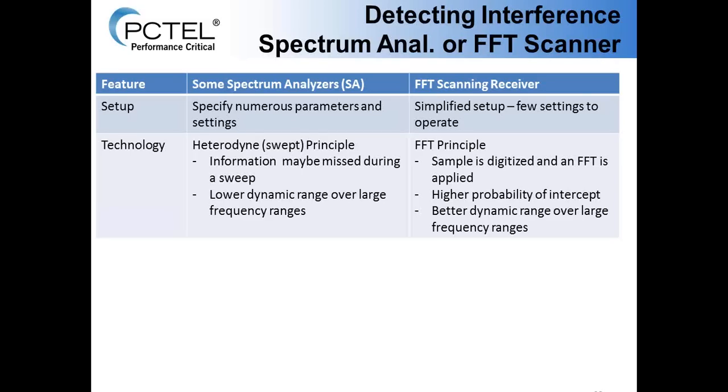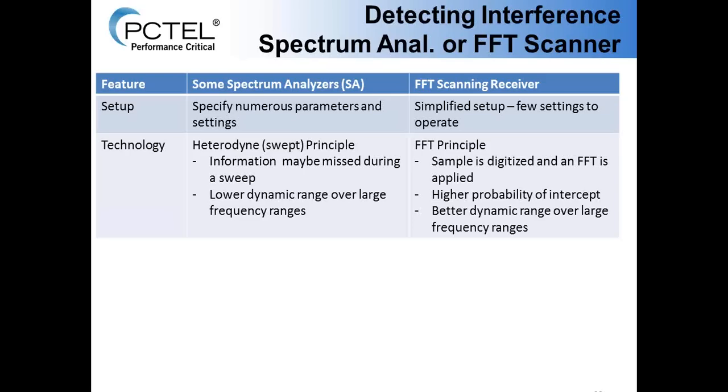Some spectrum analyzers use a heterodyne principle. This is more of a hardware type of architecture where they sweep the signal throughout the frequencies. With a heterodyne type of spectrum analyzer, information may be missed during the sweep because it operates typically slower than an FFT scanner, and you have typically lower dynamic range over large frequency ranges.